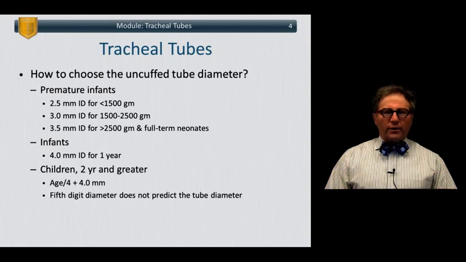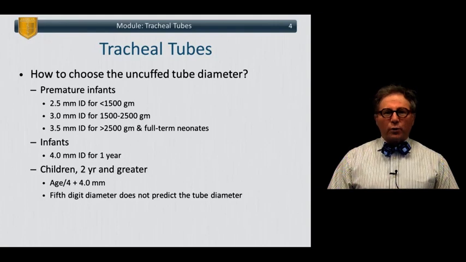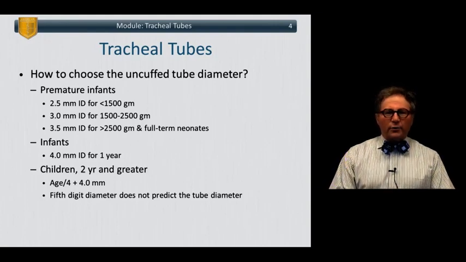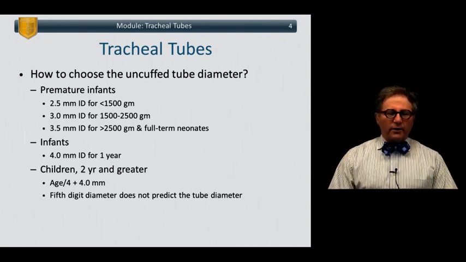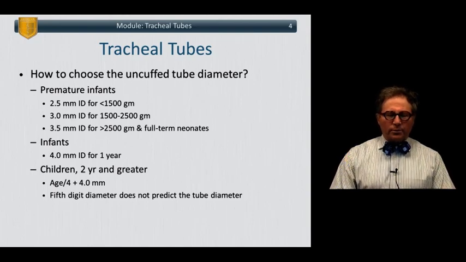For infants under 1,500 grams, we will routinely use a 2.5 size internal diameter tube. For a child 1,500 to 2,500 grams, we'll use a 3.0 millimeter internal diameter tube. And for those greater than 2,500 grams in full-term neonates, a 3.5 millimeter ID tube.